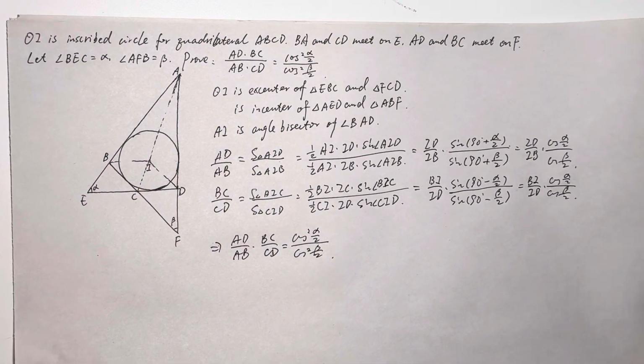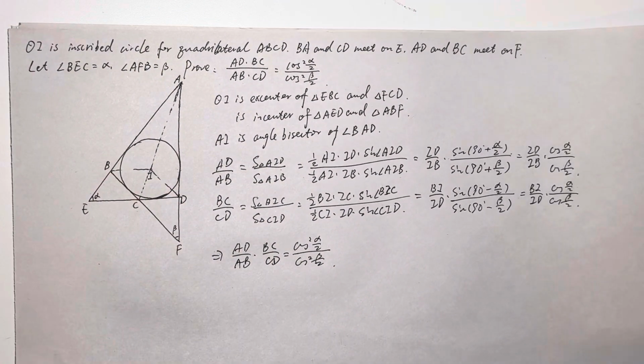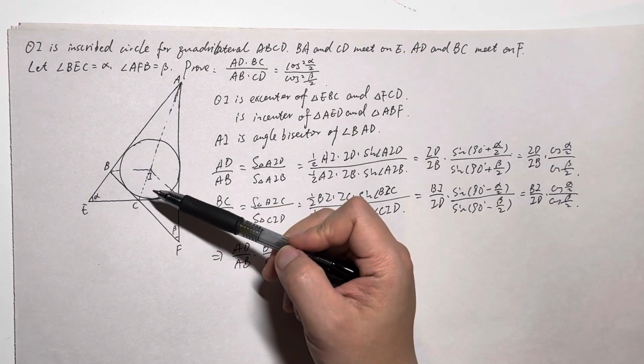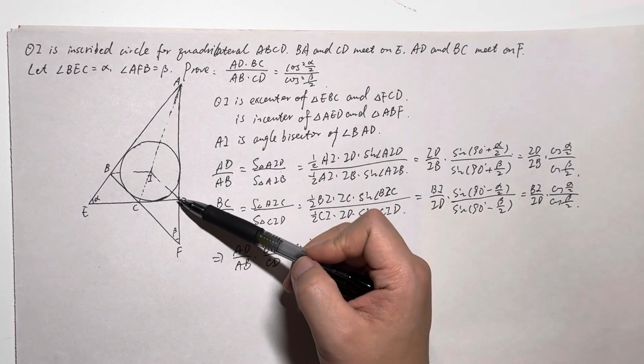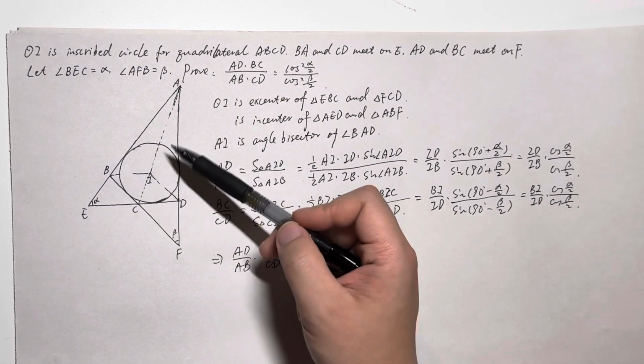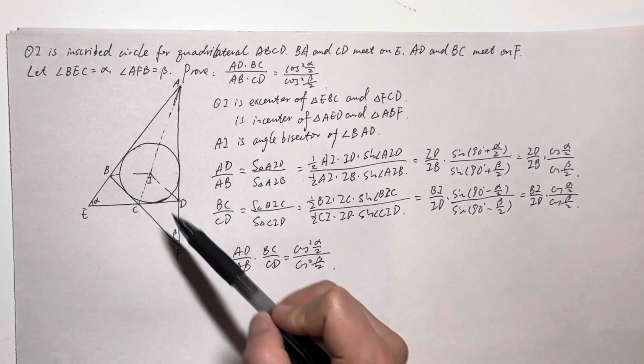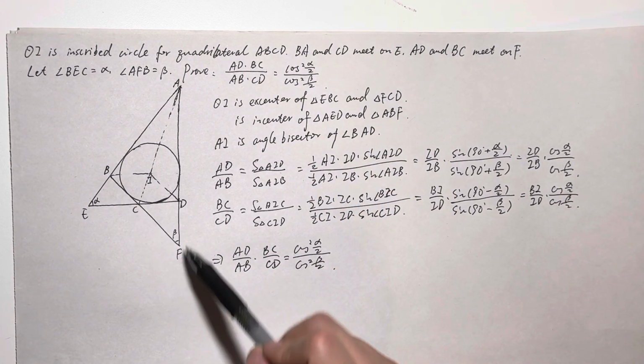Okay? So this problem is of intermediate difficulty. The breakthrough point of this problem is circle I, because circle I is so unique, right? It's the incenter of triangle AED and triangle AFB. It's the excenter of triangle BEC and triangle CFD.